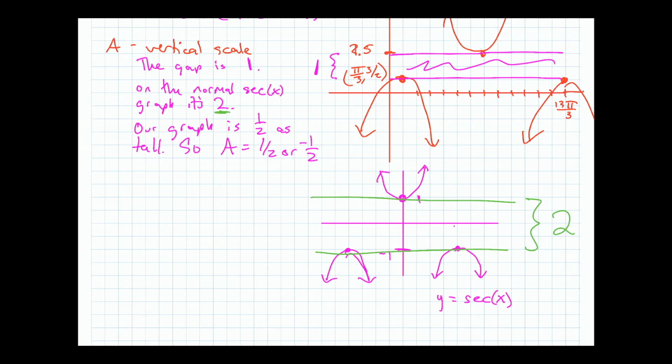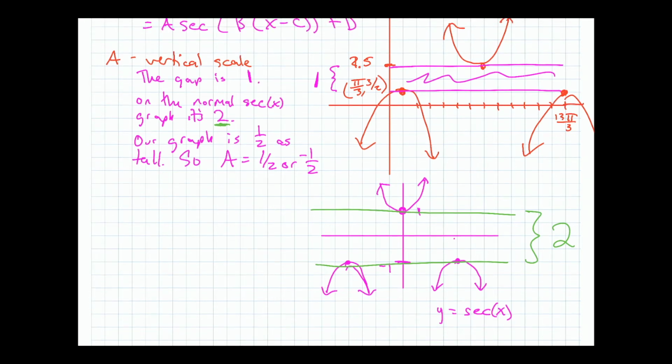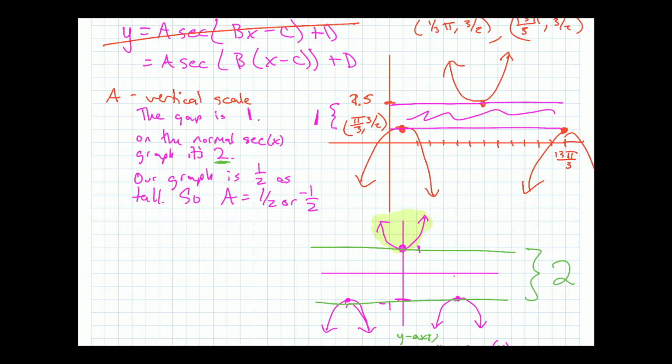But the other thing is that in the middle, around the axis, like this is the y-axis, you've got this right in the middle, and it's pointing up. Whereas on this graph, close to the middle, you have this one, and it's pointing down.